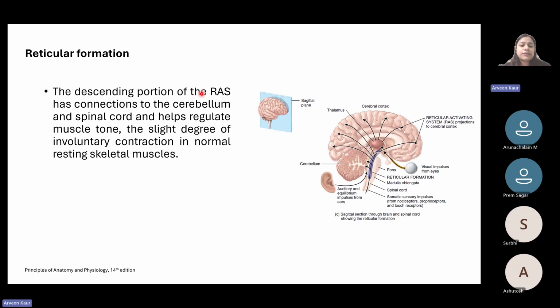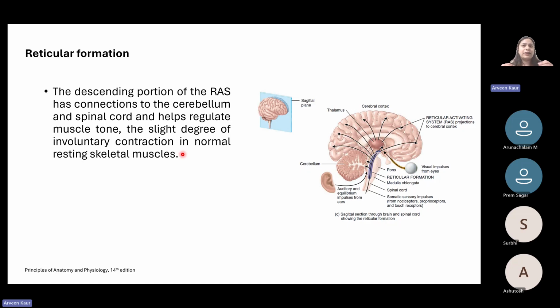The descending portion of the RAS has connections to the cerebellum and spinal cord and helps regulate muscle tone, the slight degree of involuntary contraction in normal resting skeletal muscles, right? So, muscle tone means even if we are sitting idle or lying down, the muscle is not floppy, right? It has a tone to it. That is what is required even when we are at rest.